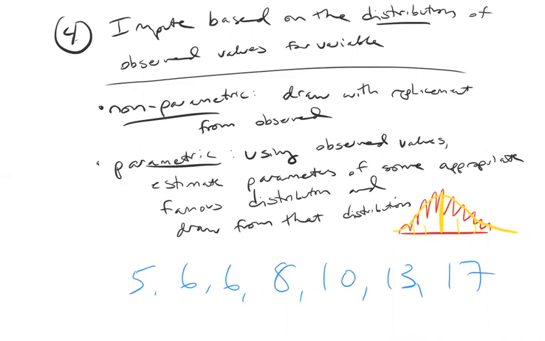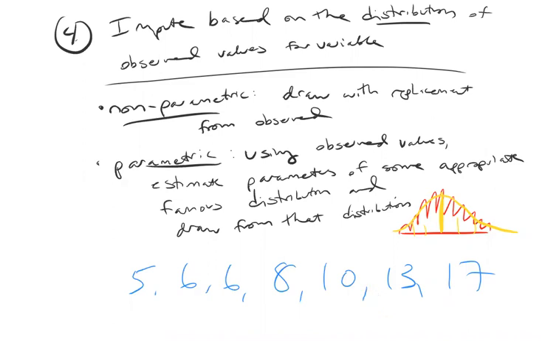If you have the non-parametric version of imputing based on the distribution, you might draw an 8 for somebody, or a 5 for somebody, right? And that's fine. That's appropriate. But it's actually not possible to draw a 12, even though you can see that 12 was very, very likely a possible number of years of education somebody could have. If it wasn't literally observed in the data set, then you have 0 chance of selecting it. So that's a drawback of the non-parametric that is fixed by the parametric.